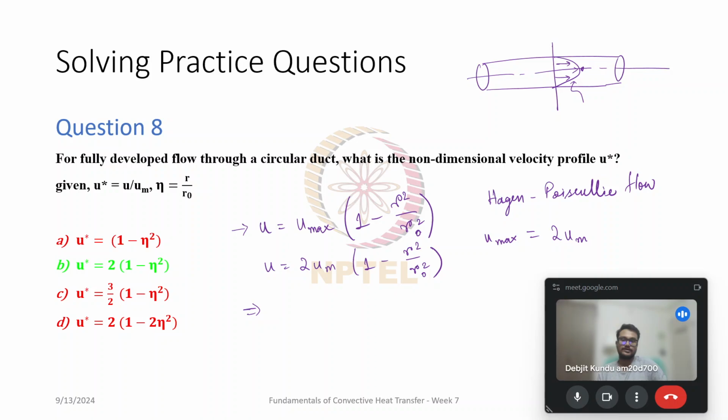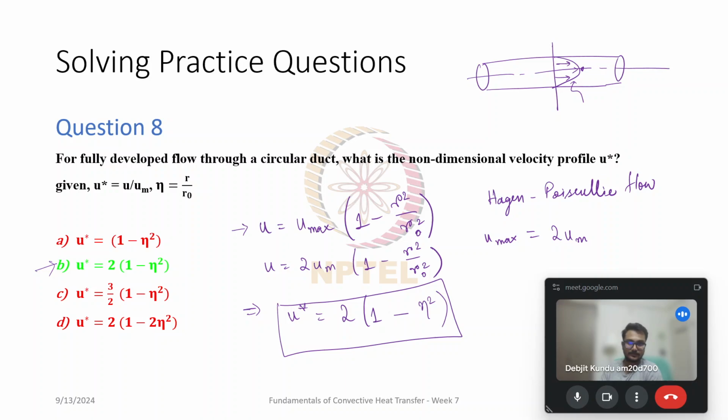So I take this um to the denominator and it becomes u star, and this 2 remains. It's 1 minus, once again, r over r naught is eta, and they are both squared, so this becomes eta squared, and this is what we get. And that is indeed option B, and it's the correct solution to this.